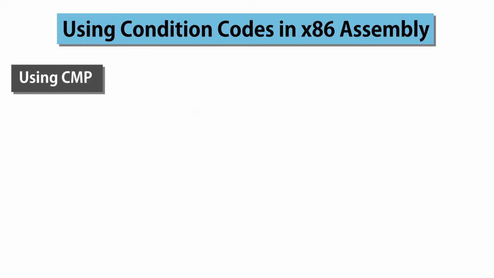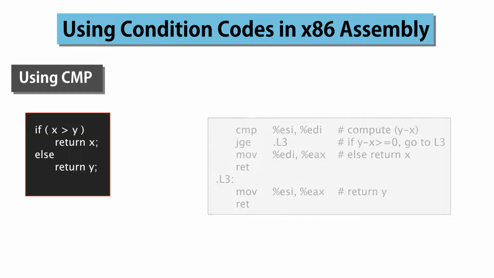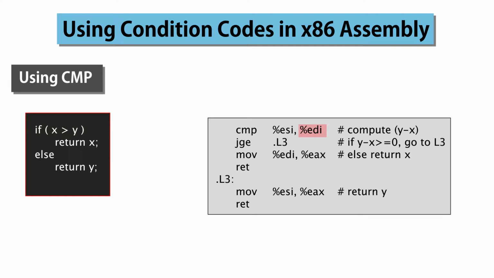For example, consider this C code fragment to return the maximum of two values. The compiler might generate the code shown here, where x is in register EDI and y is in register ESI. By convention, the value is returned in EAX. The compare statement computes y minus x, but doesn't store the result.